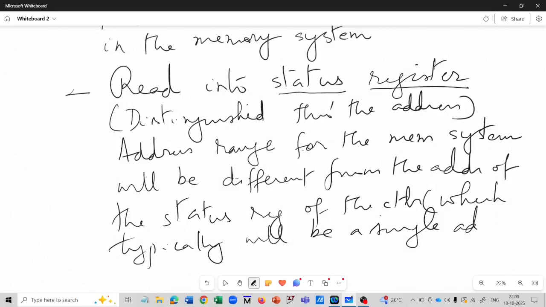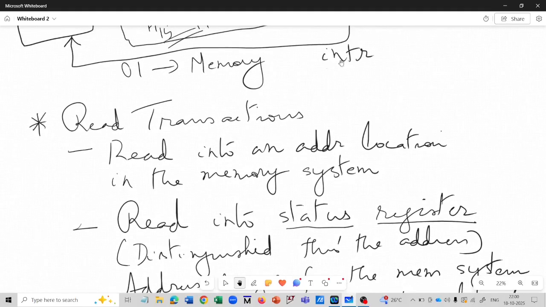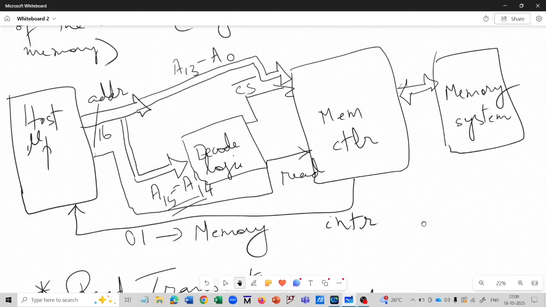Of course, it is a memory mapped system, therefore this address will also be part of the entire memory map. So when this particular dedicated address is accompanied by a read from the processor by assertion of the read signal, it indicates that the processor has not triggered a memory read, it rather wants to read the status register. So the decoding logic is expected to generate the chip select also in this case.